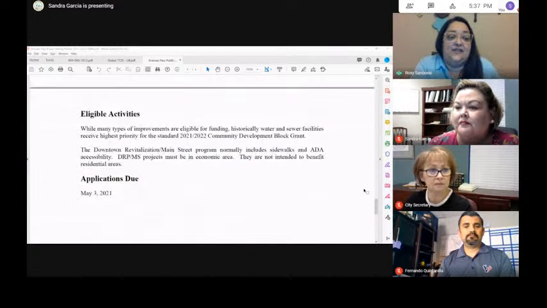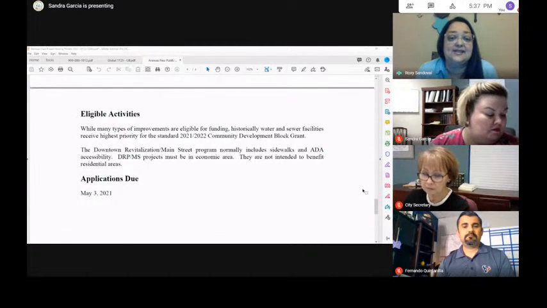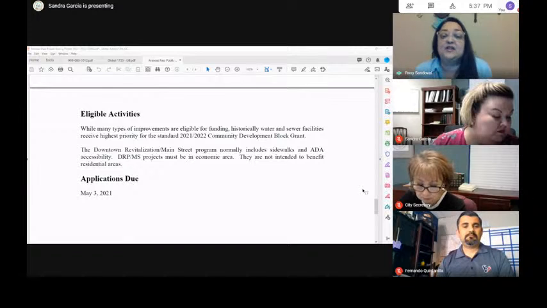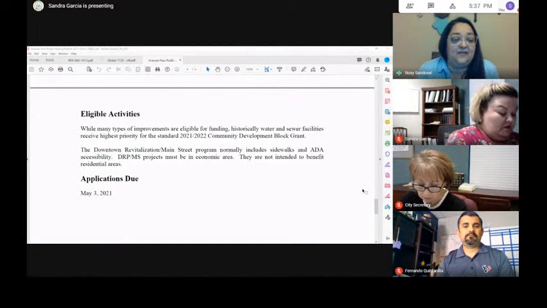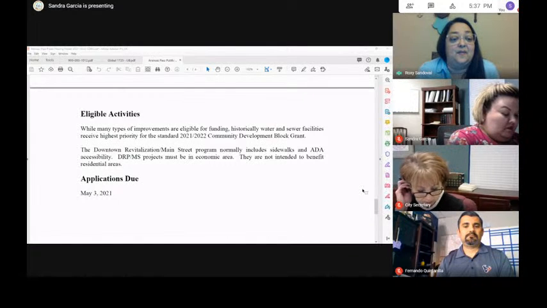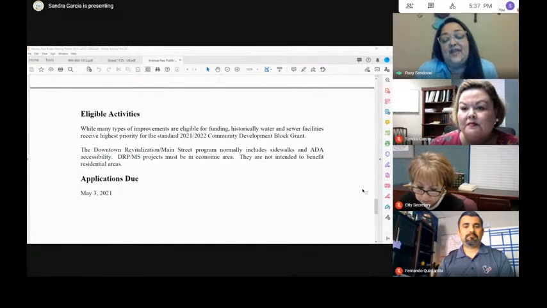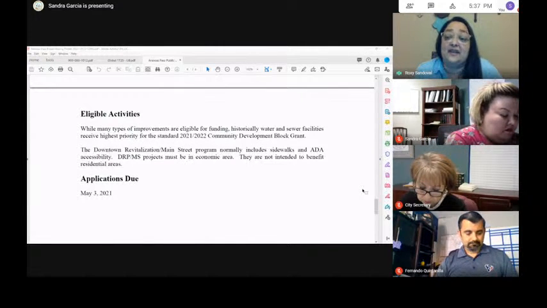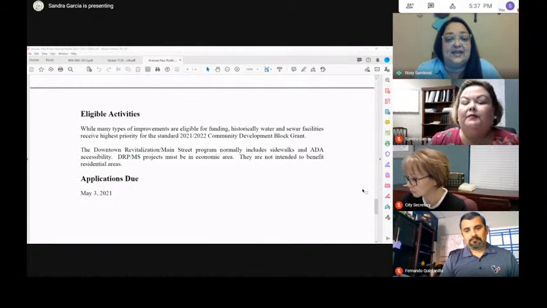So eligible activities on a CD, like I mentioned, the COG didn't set priorities, but we're going to go with the default priorities for eligible activities. Historically, water and sewer facilities receive the highest priority, and that's mainly what they fund, but other improvements are eligible, such as street, flood and drainage, and housing rehabilitation.